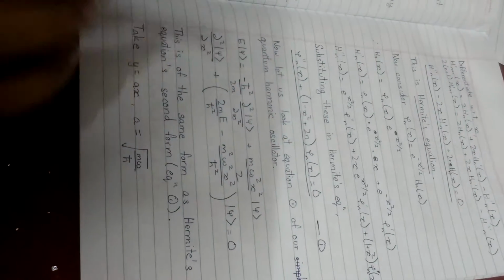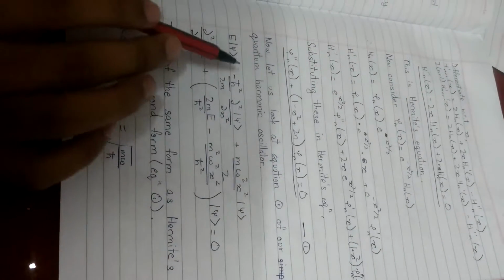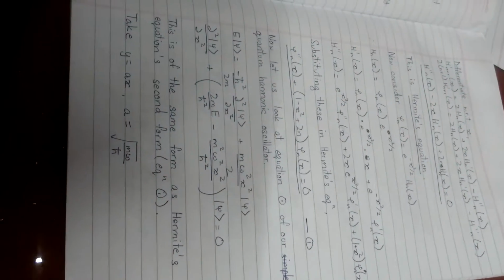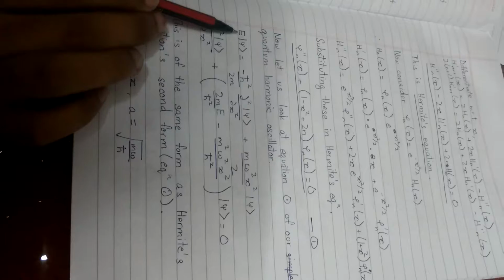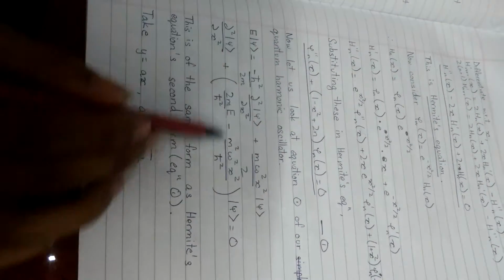Okay, now let's again look at our energy equation, our Schrödinger's equation, as we saw in the quantum oscillator. This is what we had with a little algebraic shuffling there.